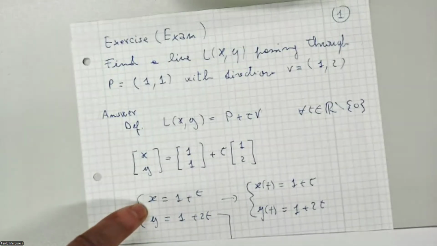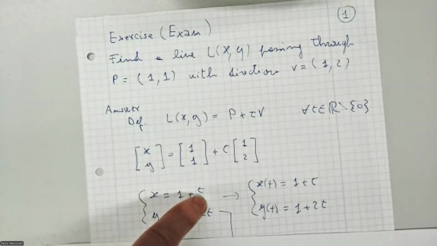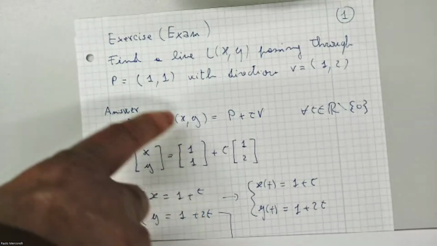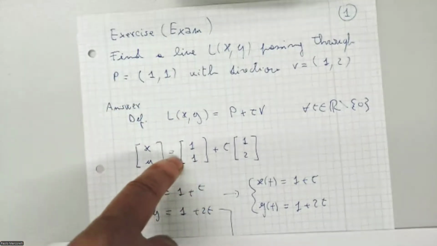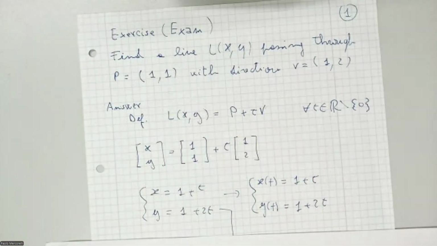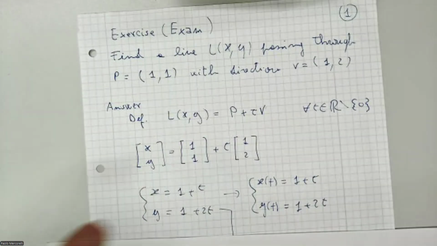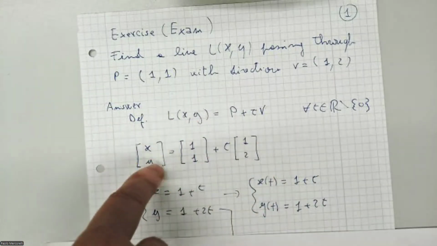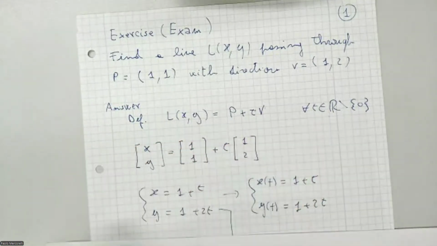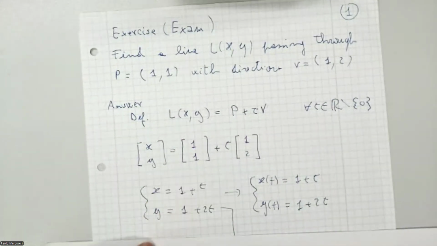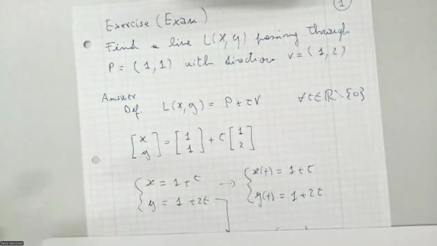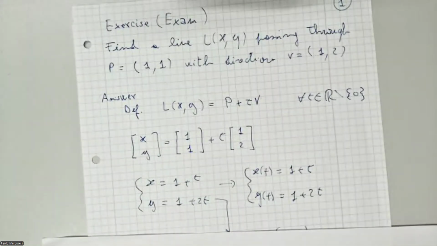We have seen that x equals 1 plus t, because the left part must be equal to the right part in accordance with the definition. Our line is characterized in this form here. This means x equals 1 plus t and y equals 1 plus 2t, because equals means left equals right.